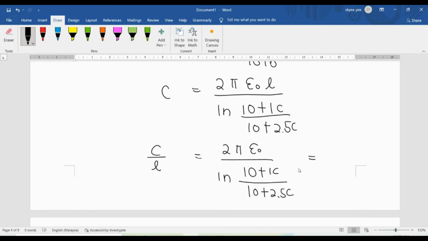You can calculate this and you will have a negative 3.72 per meter. You can ignore the negative and write the answer. Maybe you want to put 37.2 picofarad per meter, which is also fine.